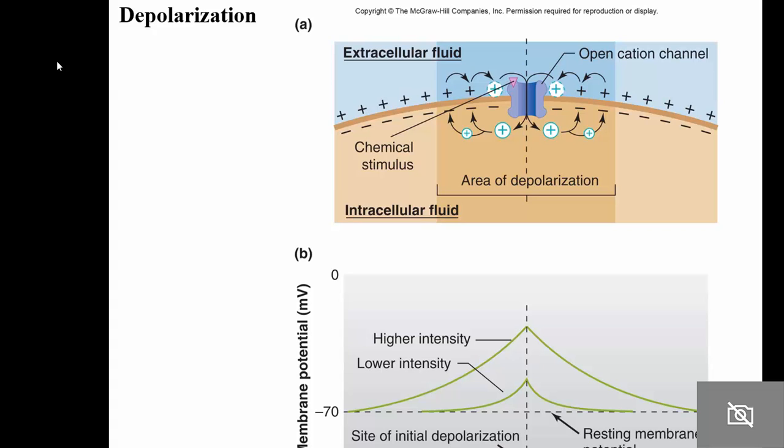Take a guess as to what the membrane potential is outside of this area. -70. That's right. It's the same. Have you changed the membrane potential a tad? Yes. Is that enough to cause what's called an action potential?